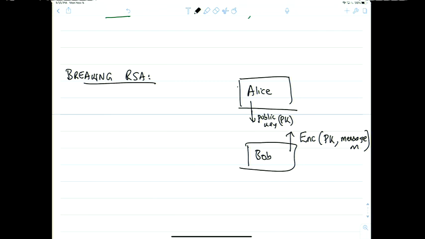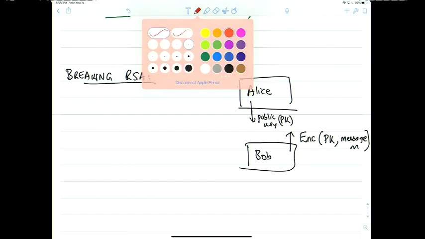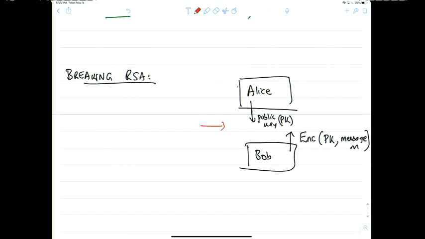Right, that's the setup. Okay, so now what does breaking RSA mean? Well, there is Eve or someone who's looking into the conversation, and he wants to figure out what the message is. That's what breaking is. And so what does that mean? Well, what is the input for breaking RSA?